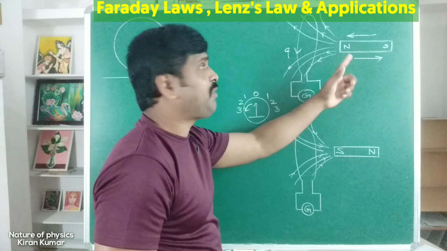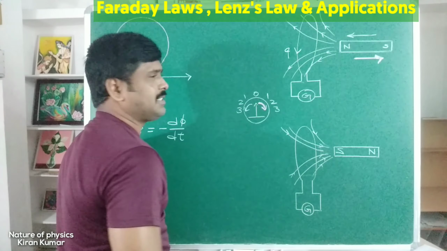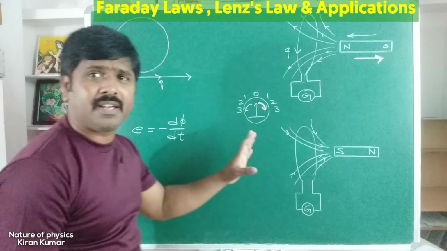So when the magnet is moving away, the current direction is clockwise. We can observe this clearly in the galvanometer. So EMF and induced current are induced due to the change in magnetic field by moving the magnet towards and away from the coil.